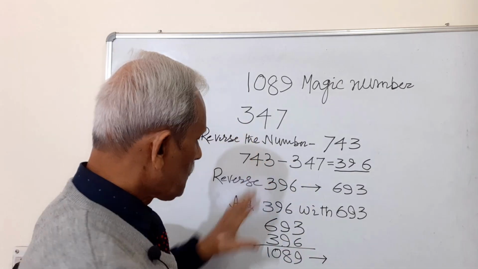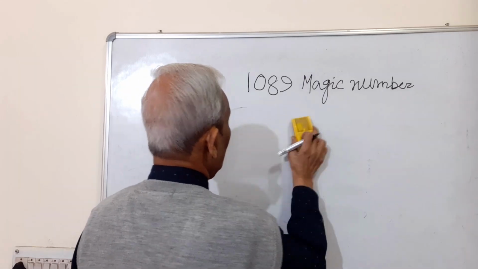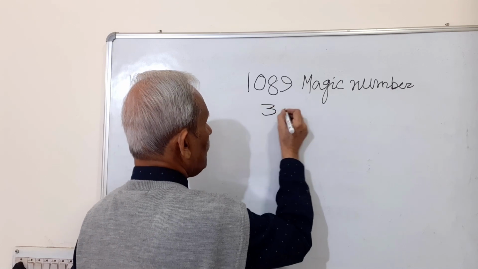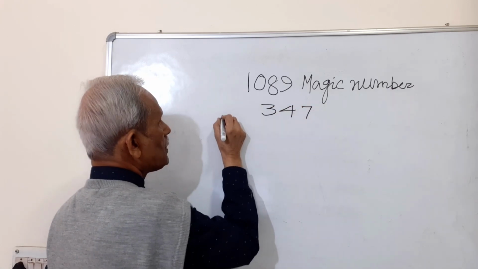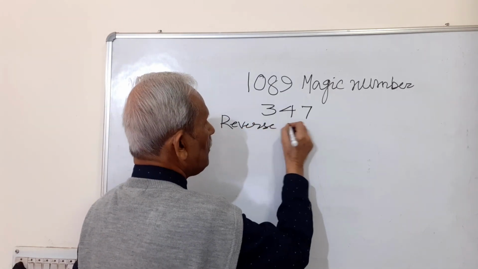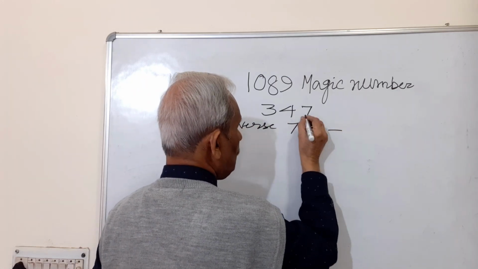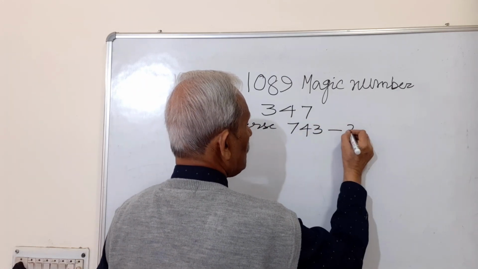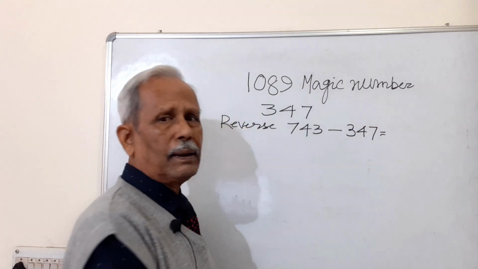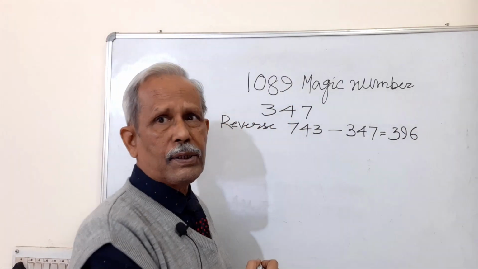I'll explain this process once again so that you can understand better. I am taking any number, say 347. Then you reverse it, and you get 743. Now you subtract 347, the smaller number, from this 743, and you get 396.